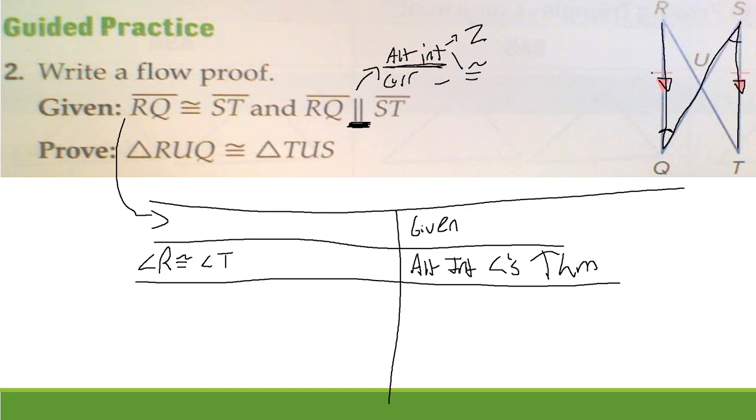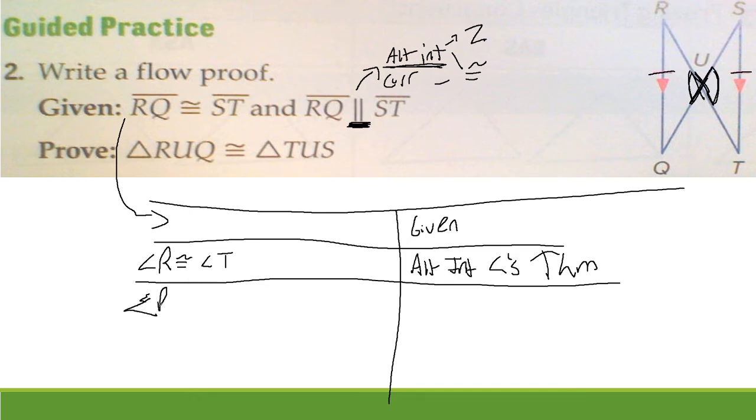Now, the reason I'm not writing that one down is because I want to make sure I also know another type of angle that should be on our first to look for list, and that is vertical angles. So remember, vertical angles make that X pattern, and in this case, you have a set of vertical angles right here, that middle X shape there. So angle RUQ, this angle right here, is going to be congruent to angle SUT, this angle right here.